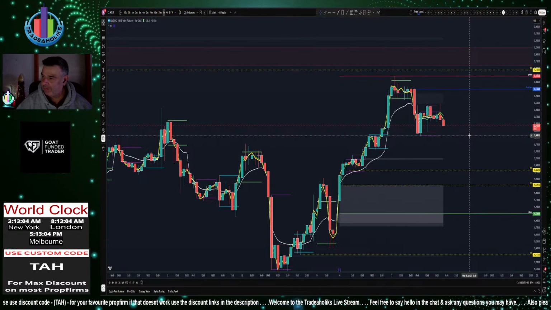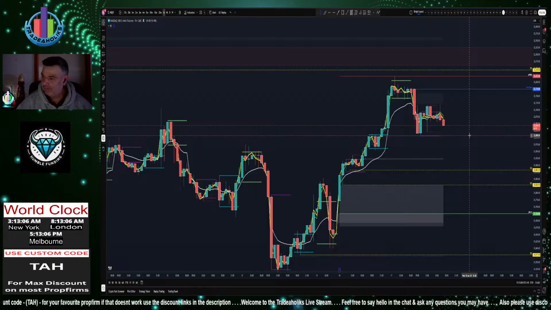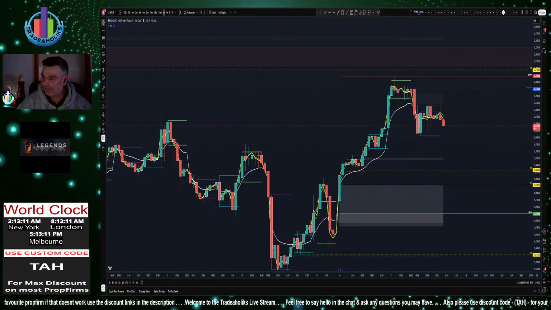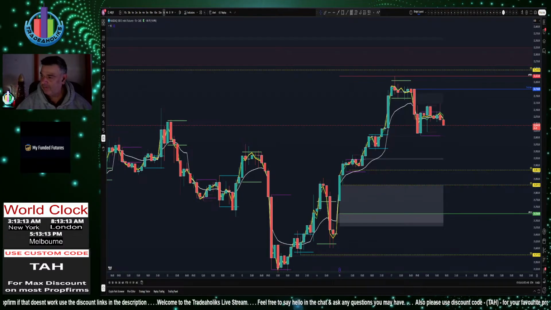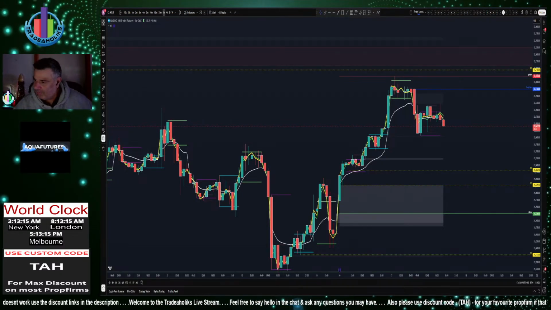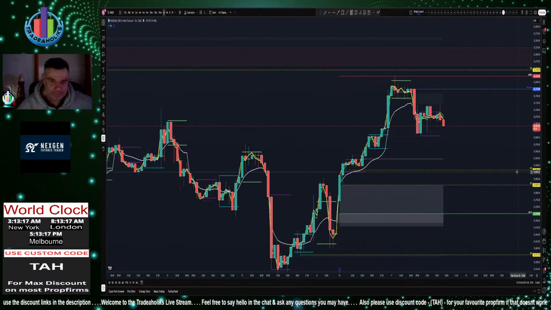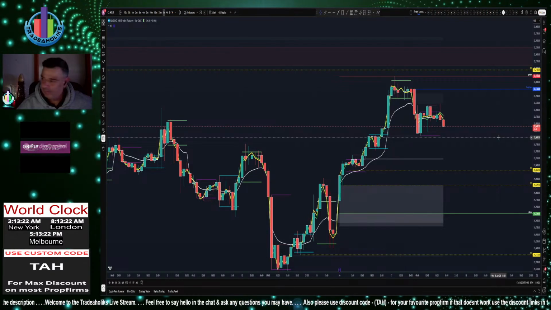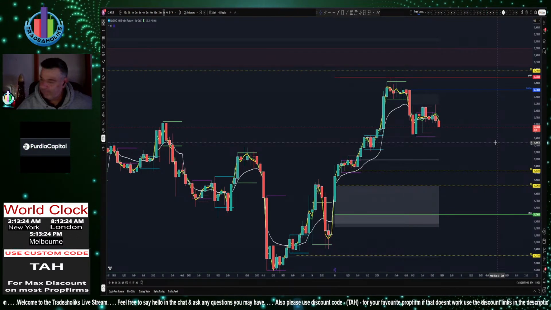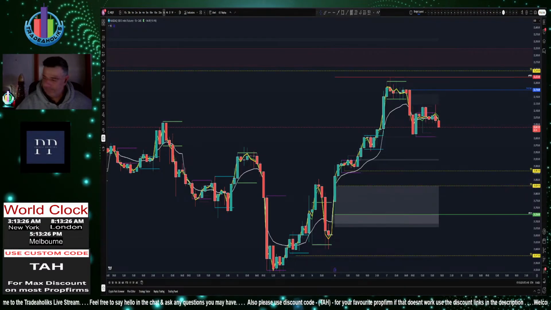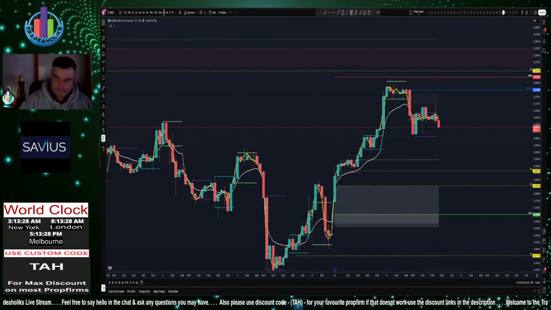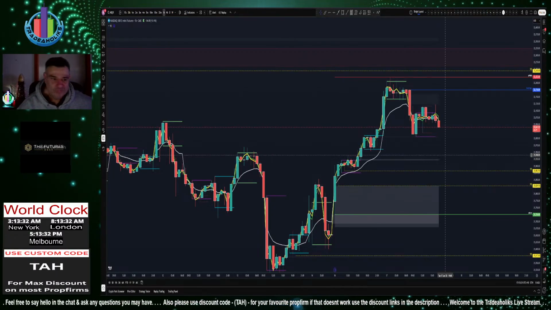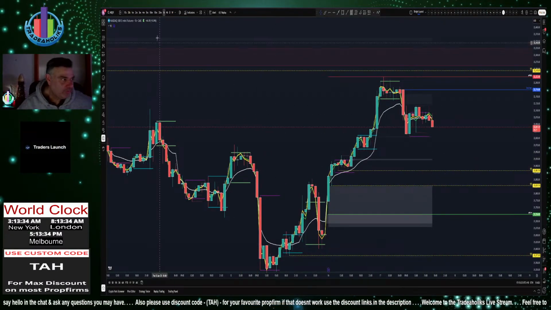Bookmap showing not a lot actually. There's a fair chunk of limit orders down below, right on the 22,000 mark. It's not that far away either. Pushing further down.